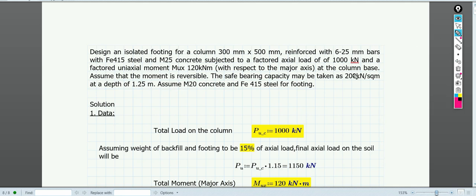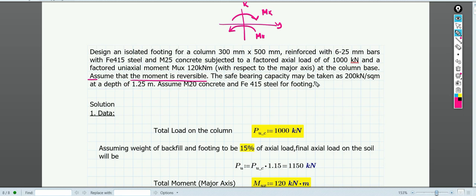Now let's go to the other things written here. Assume that the moment is reversible. That means suppose this is the y-axis and this is the x-axis, and the moment Mx is acting like this, it may be acting this way or this way, it is reversible. Okay, positive and negative, both sides it can act.